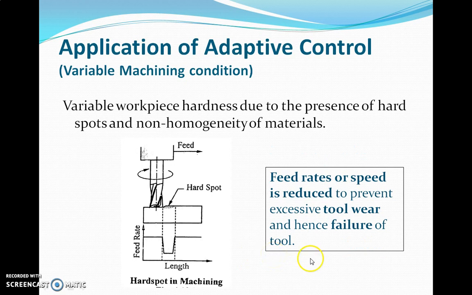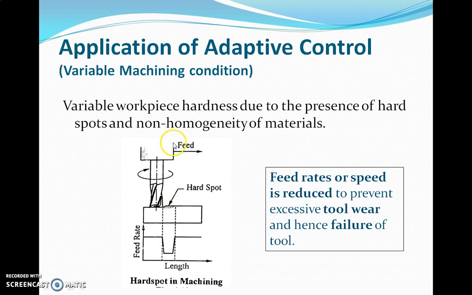The second point that we are going to discuss is variable workpiece hardness due to presence of hard spots and non-homogeneity of materials. In this figure you can see that while doing the machining, as the cutting tool is moving towards the right side with certain feed rate, a hard spot has come into picture.